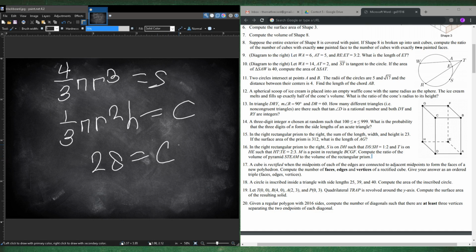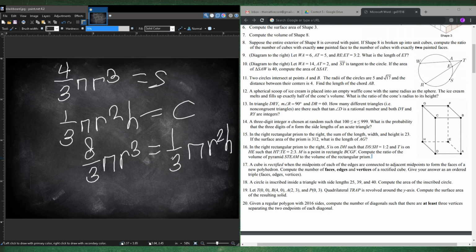That makes sense? So that says 8/3 of pi radius cubed is equal to 1/3 of pi radius squared times height. If you divide out the pi and the radius squared, you get 8/3 times the radius equals 1/3 of h.